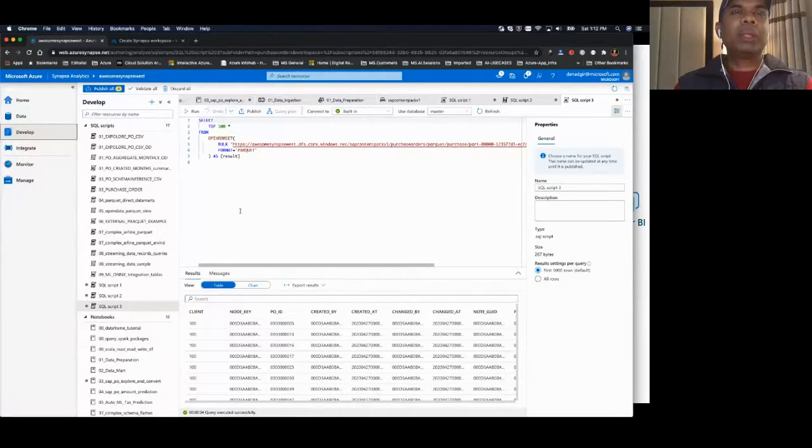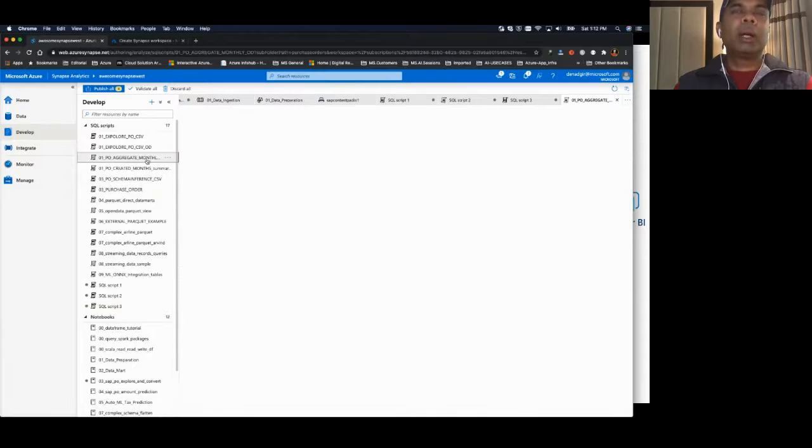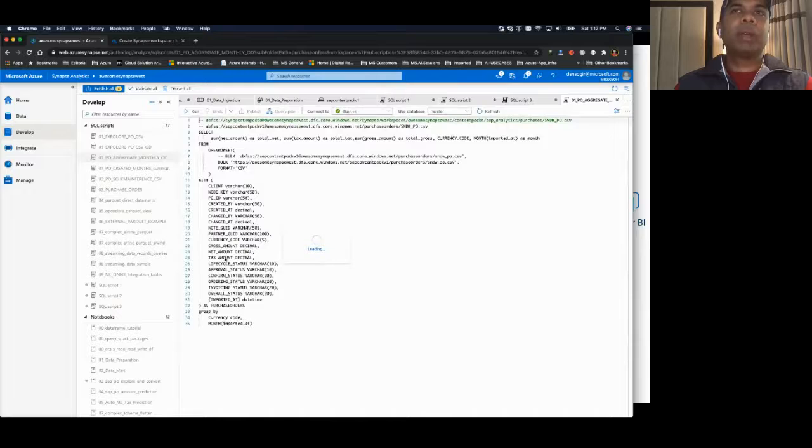Let me show you a couple of examples. This can really be a longer topic, but as I define different types of schema, I can extend my data sets in different ways.